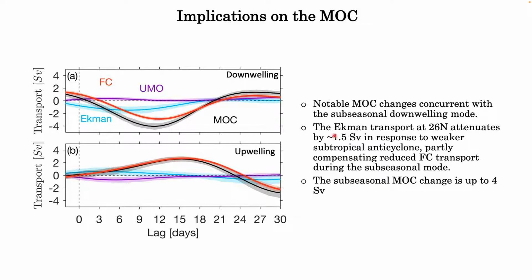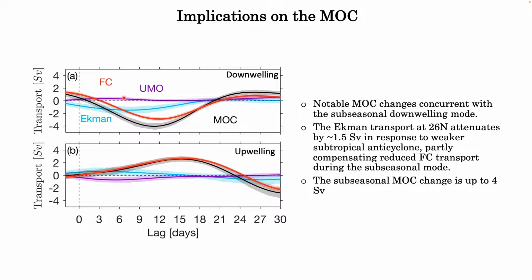Of course, other than the FC transport, which I have shown you. So notable changes are evident, particularly for the subseasonal downwelling wave case, which corresponds with the formation of anomalous cyclonic winds in the subtropics I showed you earlier. So in response to the subtropical cyclone, the Ekman transport anomaly is about 1.5 Sverdrups to the south at 26 north, based on the RAPID-MOCHA data set.